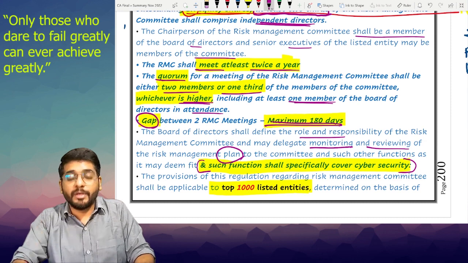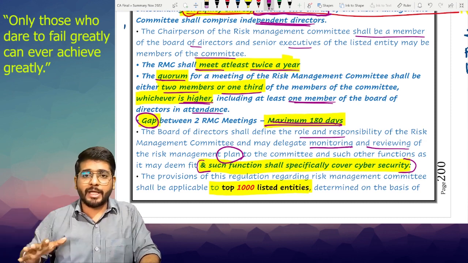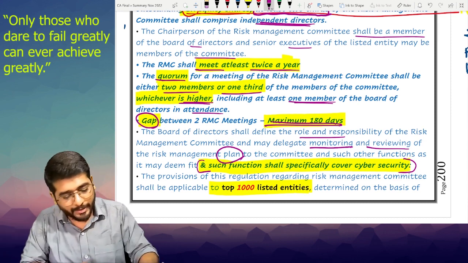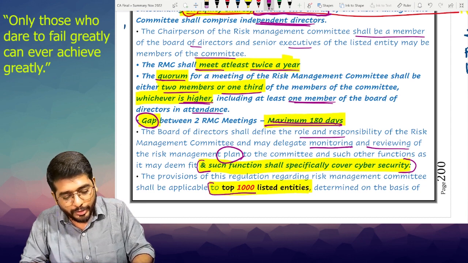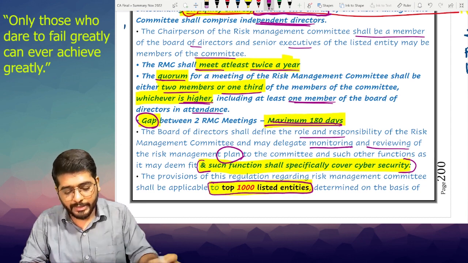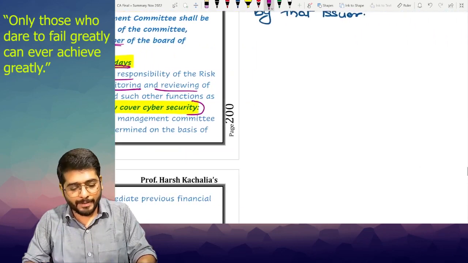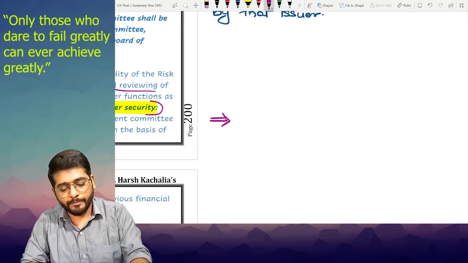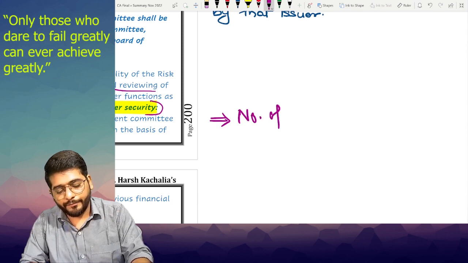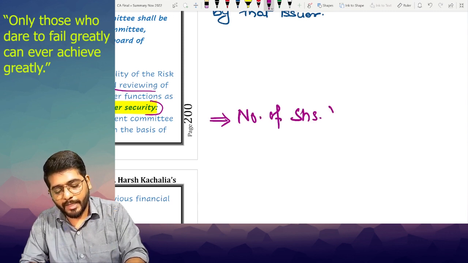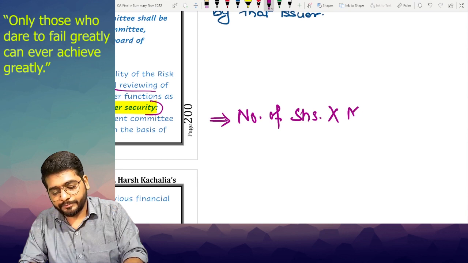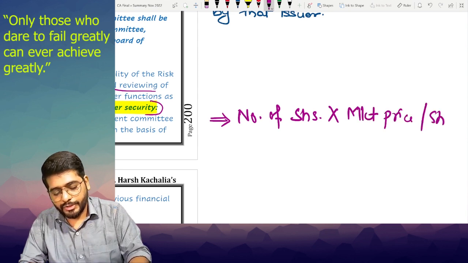This provision, risk management committee, entire points with amendments, they are saying shall be applicable to the top 1000 listed entities. Sir, top 1000 listed entities based on market capitalization. Those who do not know, I will tell you. Number of shares which are there in the market multiplied by market price per share.